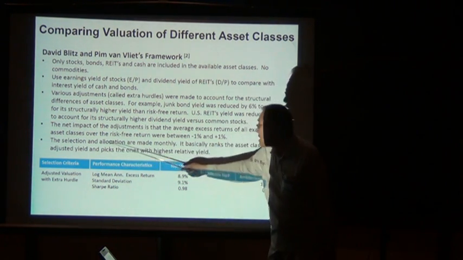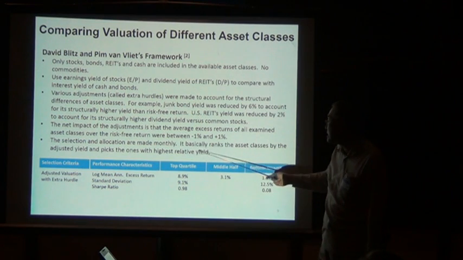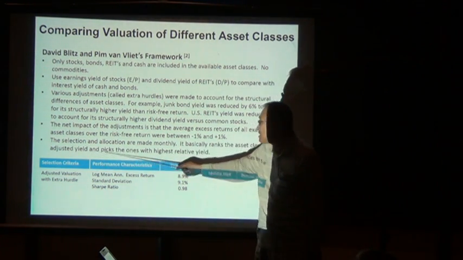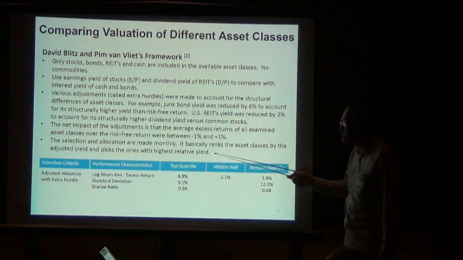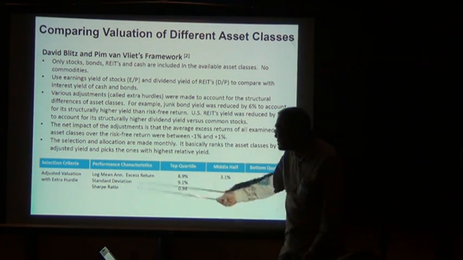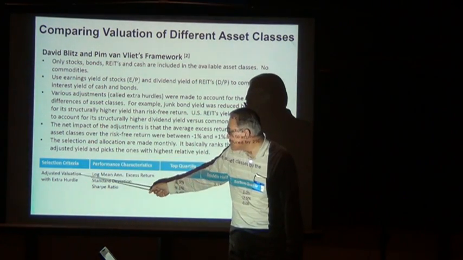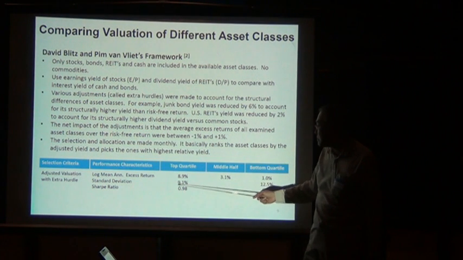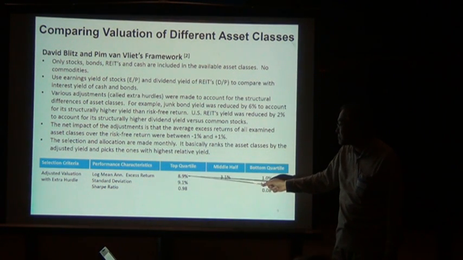The selection and allocation were made monthly. It basically ranks the asset classes by the adjusted yield and picks the one with the highest relative yield. And we'll see the actual calculation later on. So using this approach, adjusted valuation with actual hurdle, the log mean annual return for the excess return is 8.9%.